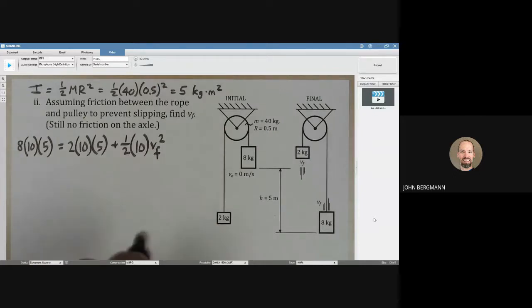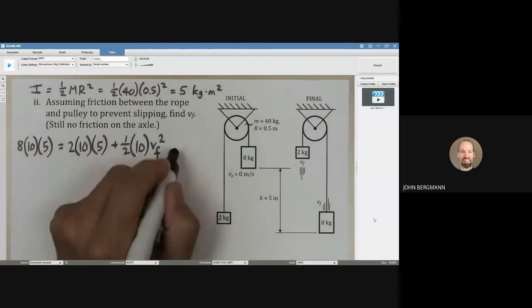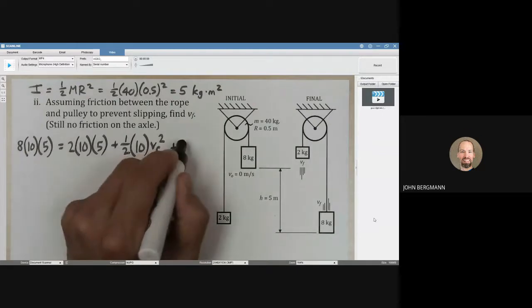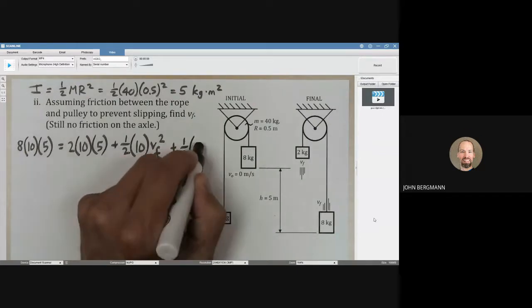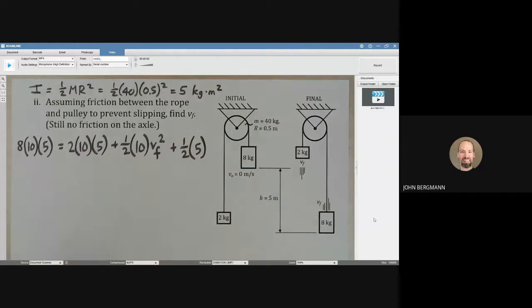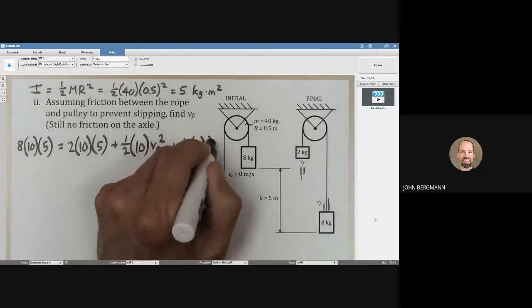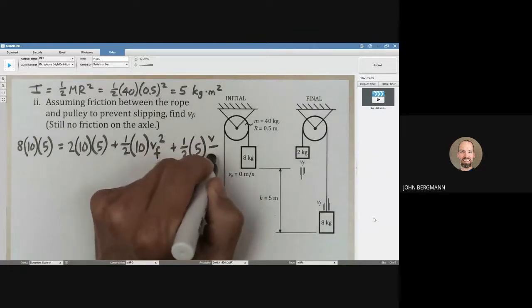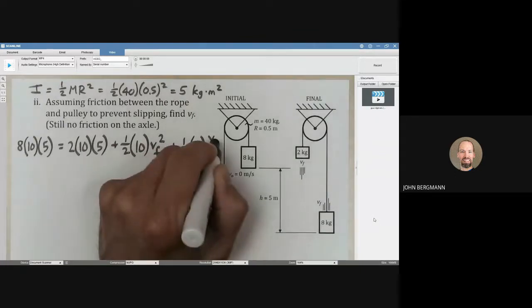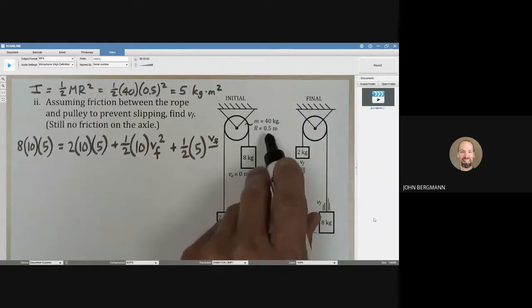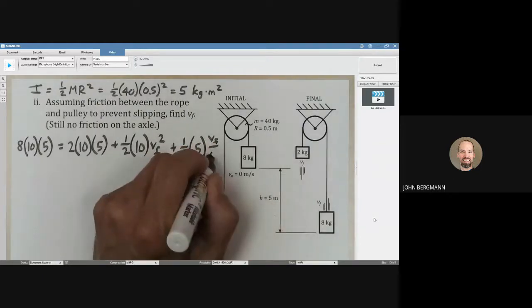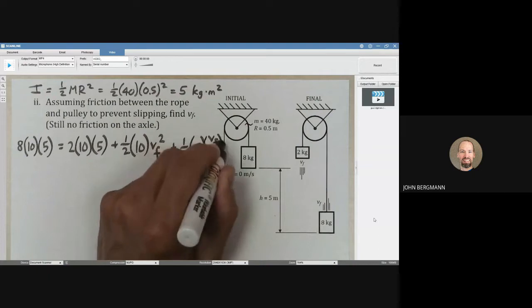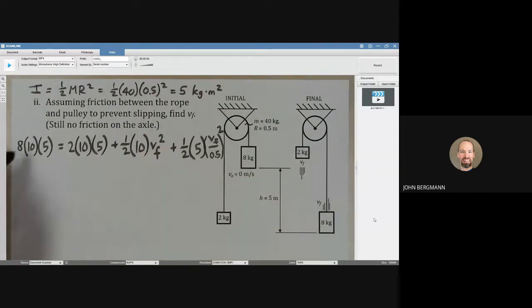Now, the pulley is also rotating, so the kinetic energy of the pulley is 1/2 I omega squared. By the bridge equation, omega is v over r. I'll call it v final over r, and r is 0.5 here, and that needs to be squared. So what does that give us?